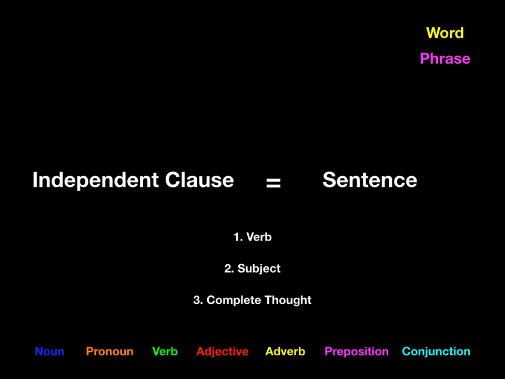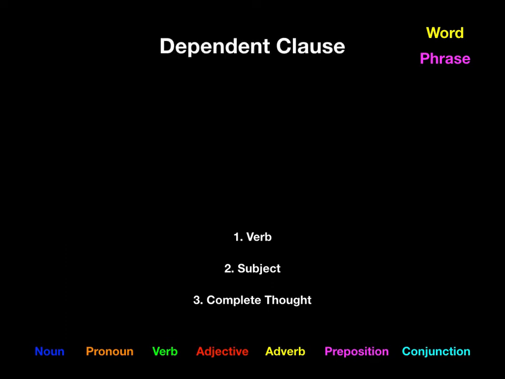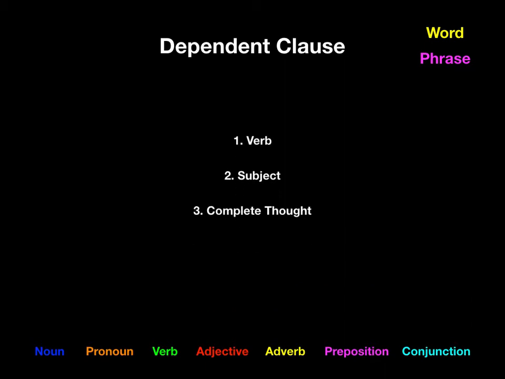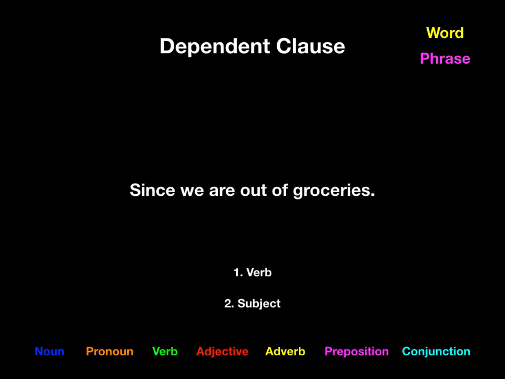Now that we have examined independent clauses, let's look at dependent clauses. Like independent clauses, dependent clauses will have a verb and will have a subject, but they will not have a complete thought. Let's consider the following example. "Since we are out of groceries." This clause possesses a verb, "are."